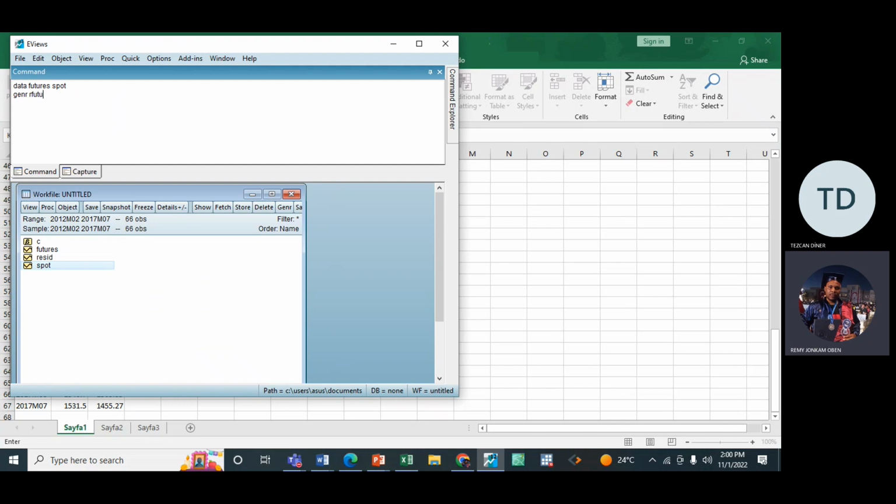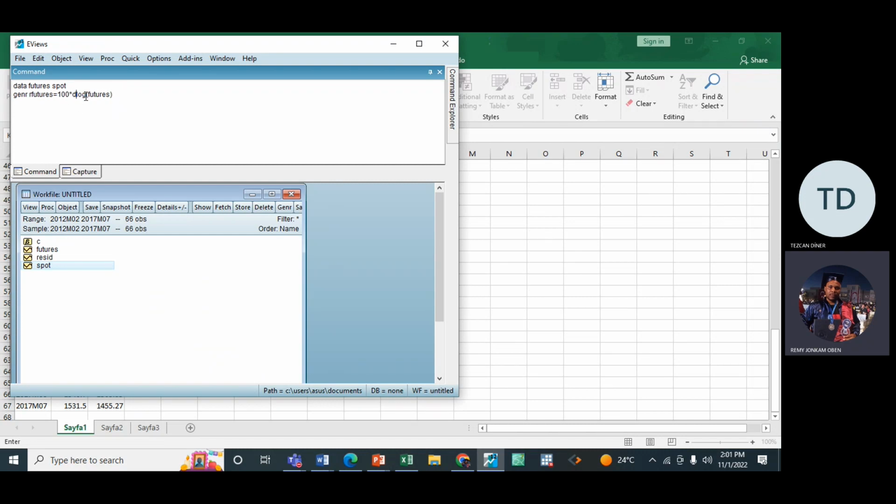You can call it anything. rfutures meaning the return for the futures series. And how do I do it? Equals 100 times, I'll explain, dlog(futures). What does this command mean? I want to generate rfutures, the return for the futures series. And this is the formula to do it.